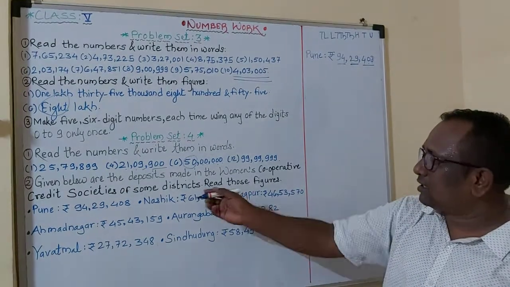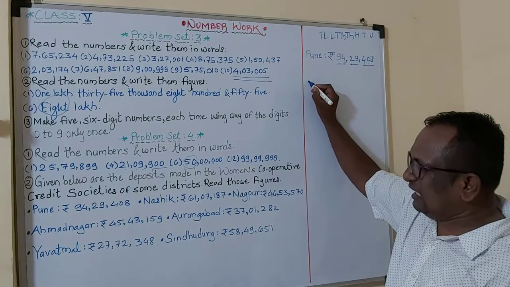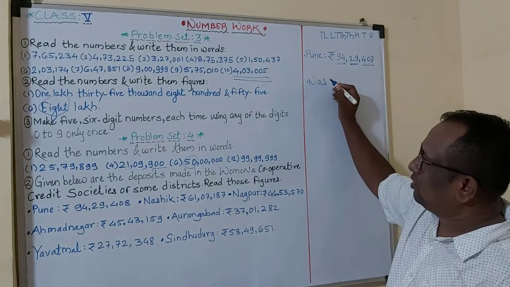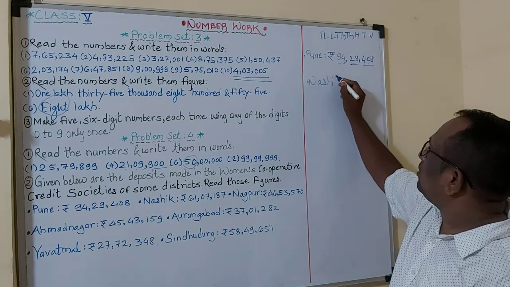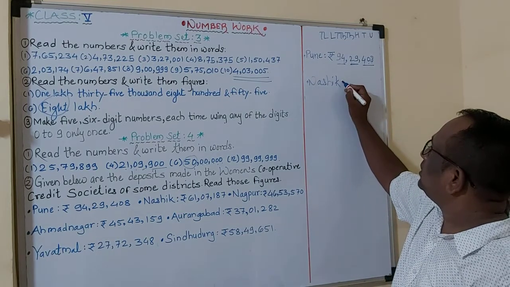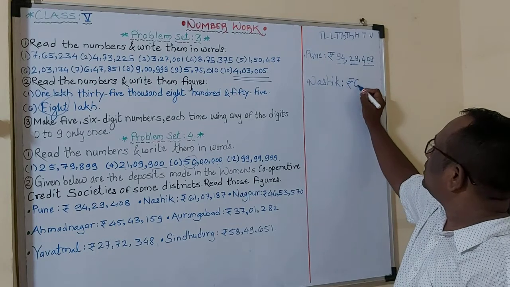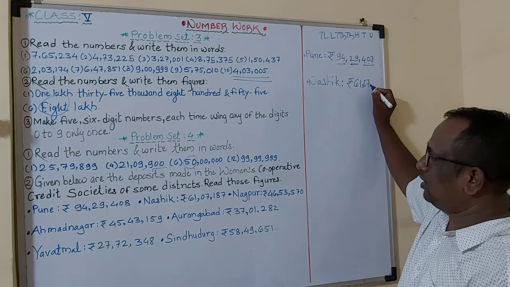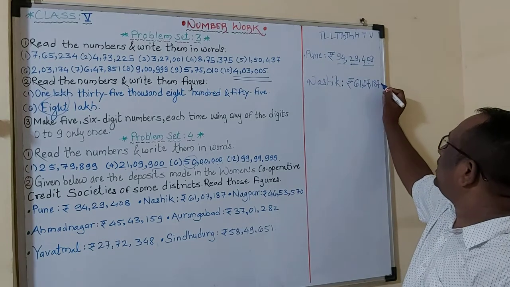Then take another district, Nashik. This is Pune, and this is Nashik. Nashik's amount is rupees 61 lakh 7,187.